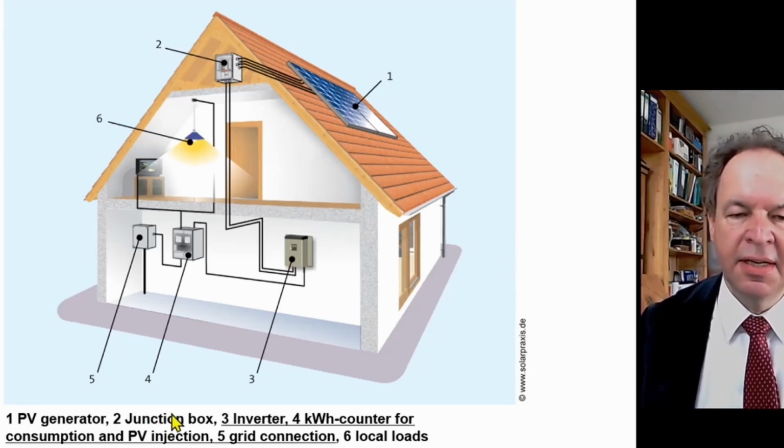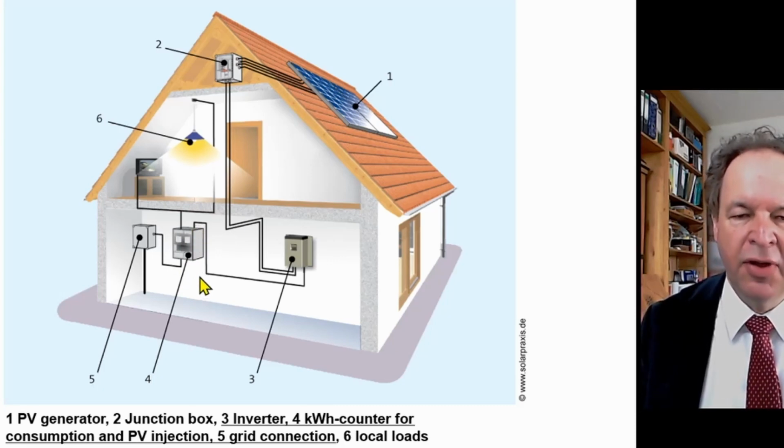Here you see the injection meter and the consumption meter. These are separate. In some countries this is one device only, where you just get compensated the balance between the injected electricity and the consumed electricity. In Germany you have different tariffs for consumption and injection. Formerly the injection tariff was very high.